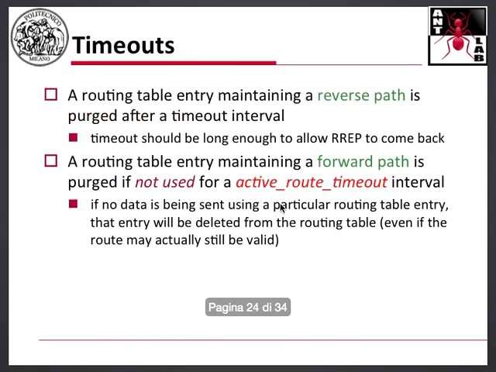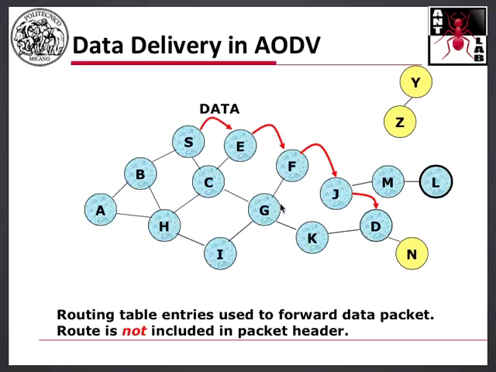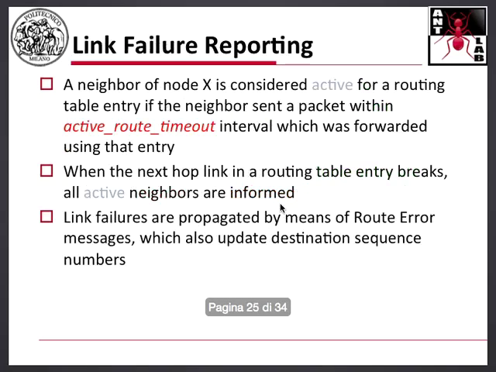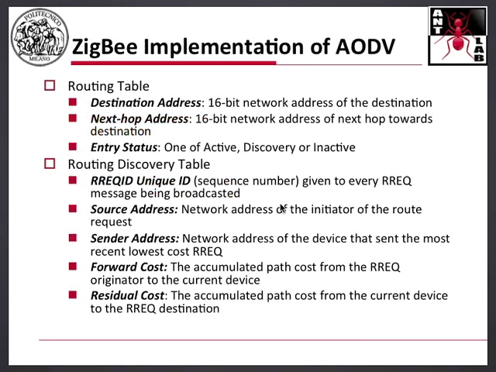Let's assume that we are node F. The source address is S, and the sender address is E, because F has received the route request referring to S from E. So it's the previous hop in the route request propagation, and it's exactly the address you use to maintain the backward path, because it's the node you have to send the route reply to in case you receive a route reply for that specific route request.